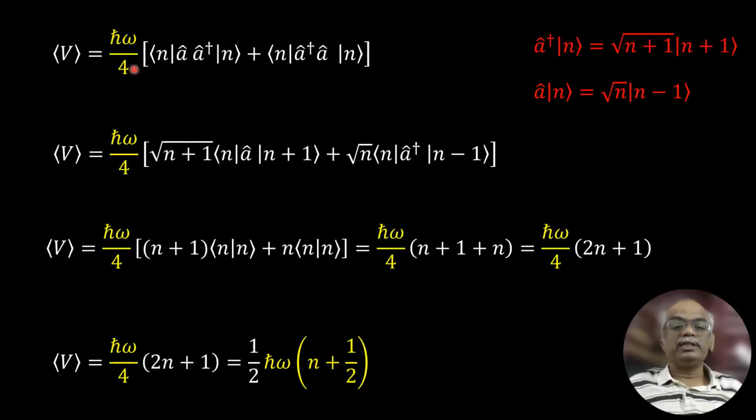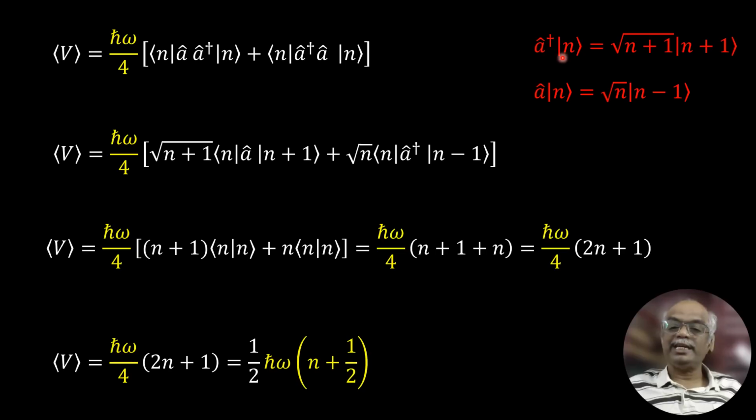Now we got this expression, that is, the expectation value of potential energy is equal to h cross omega over 4, bra n, a dagger a dagger ket n plus n a dagger a ket n. Now first you take this term. When a dagger acts on n, we know what will happen.